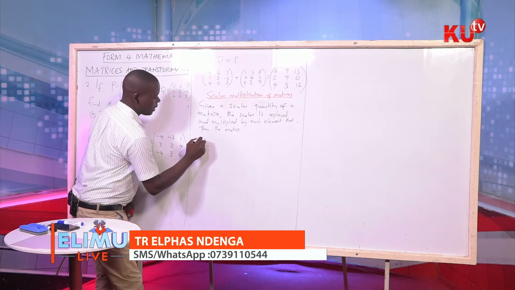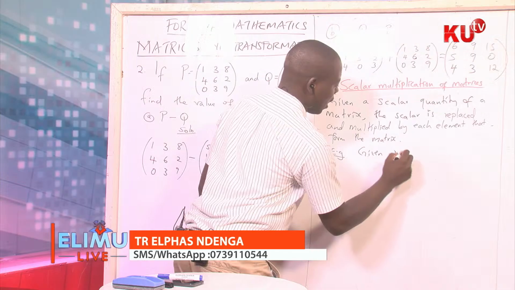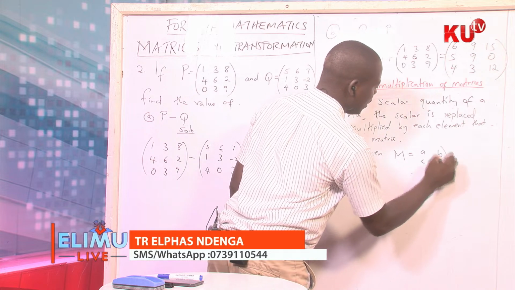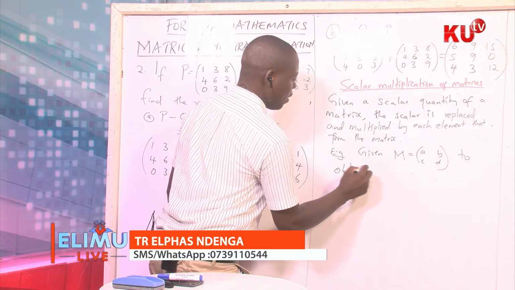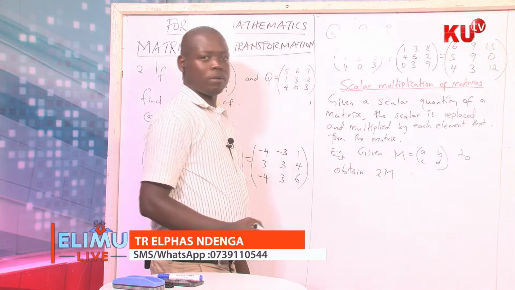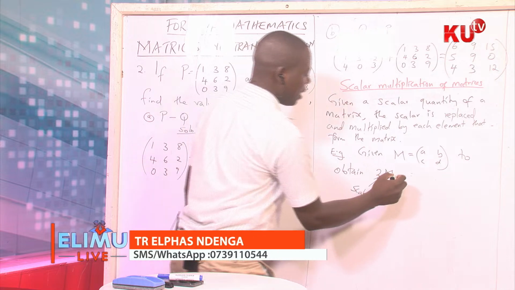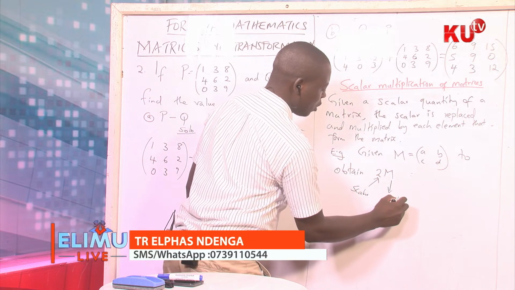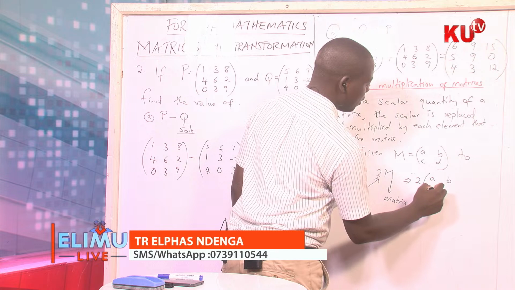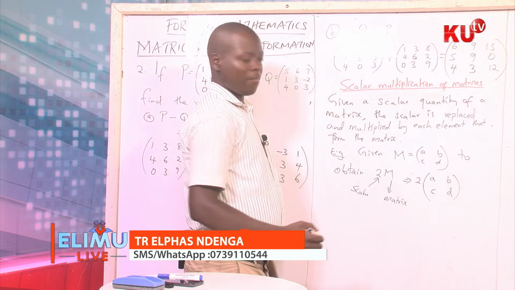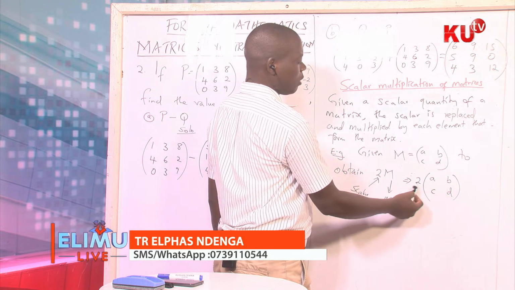For example, if we're given a matrix M, which is A, B, C, and D, to obtain 2M, for which 2 here is our scalar and M is our matrix, it simply means you take 2 into A, B, C, and D. So we spread out 2 by substituting it with what you have in the bracket.